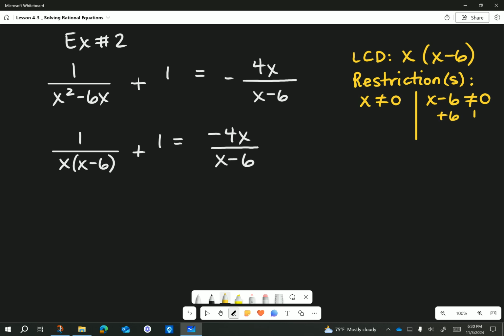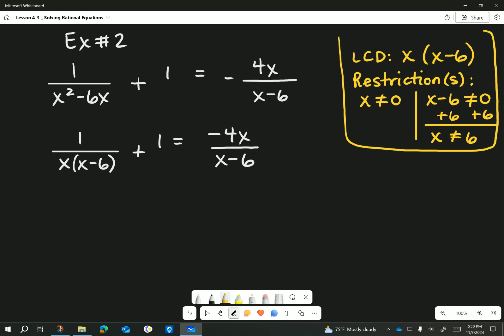With this one, I need to add 6 on both sides, so I will get x cannot equal positive 6. So those are my 2 restrictions. So when I finish this problem, if I get either one of these answers, I would know to make sure to not include them as a final answer, as a solution of my equation.